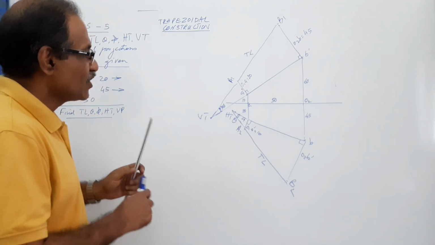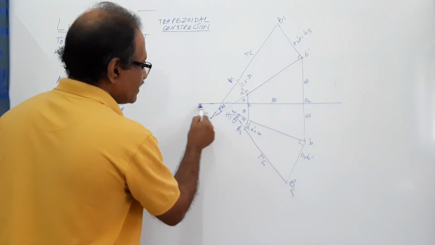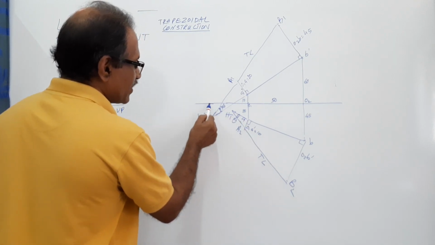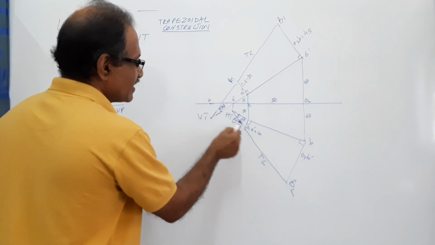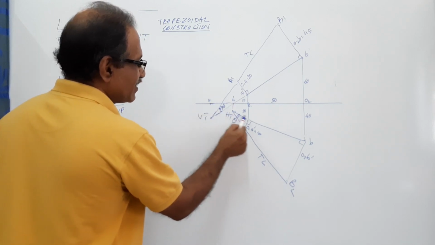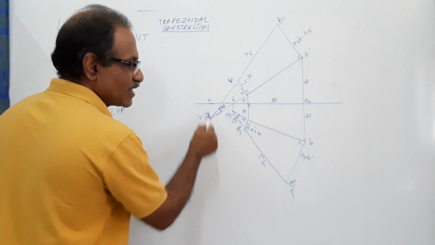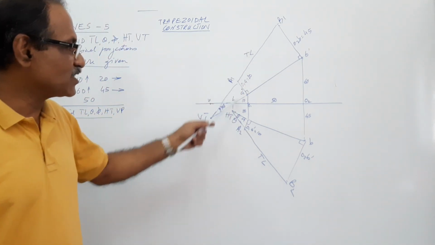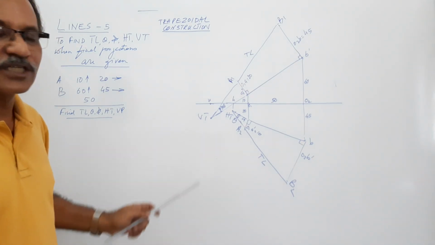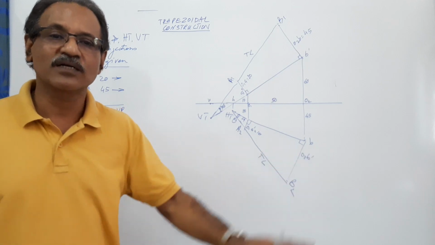And also when the plan is extended, it meets XY at v. Somewhere here is v. This is h. This is v. Check whether this VT comes on that vertical line. If both lengths are same, if HT's position is true, if VT's position is true, you only need to worry about the neatness of your drawing. Otherwise, you will get full marks.